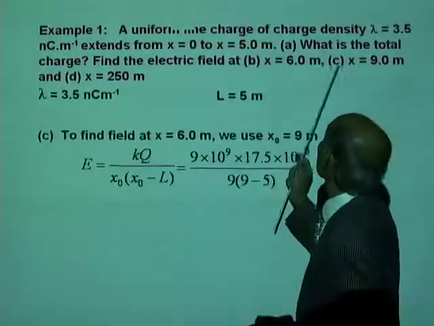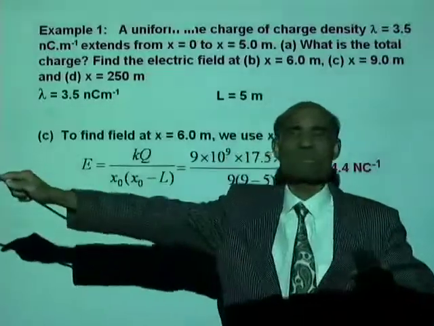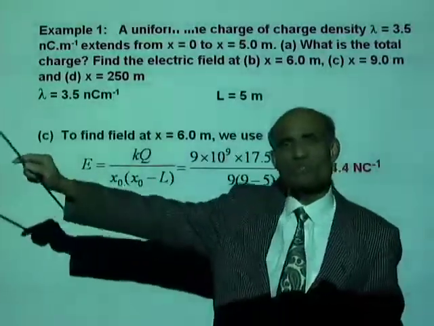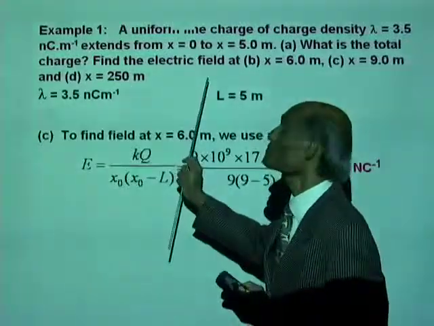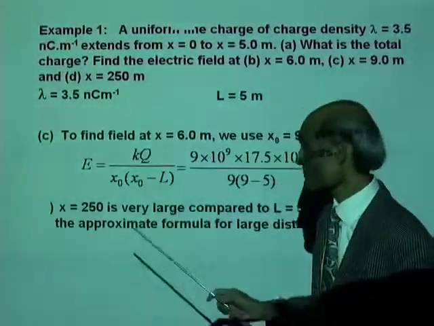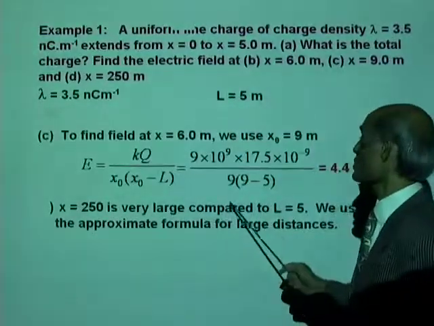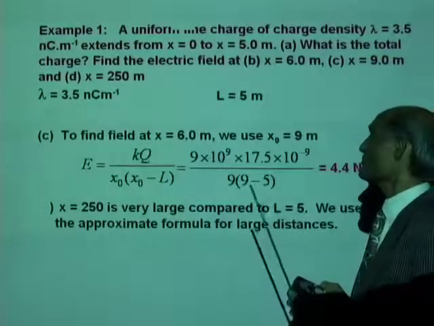How about the last one? Find the electric field at a distance of 250 meter. Well, that's quite considerable. That means we can use the approximate formula. X equal to 250 is very large compared to L equal to 5.